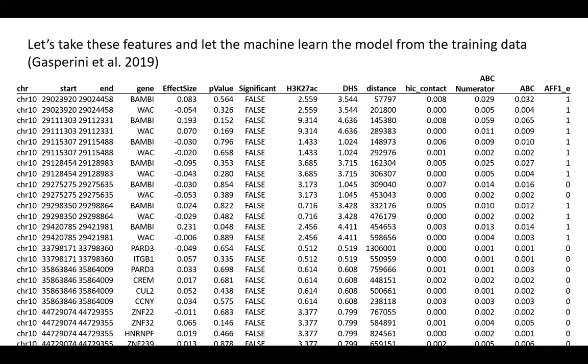And we have these variables that will predict the relationship: the histone modification, enhancer mark, the chromatin accessibility, the one-dimensional genomic distance, the three-dimensional physical distance, ABC, which is the score that we just talked about, and the other transcription factor peaks that are measured from ENCODE.